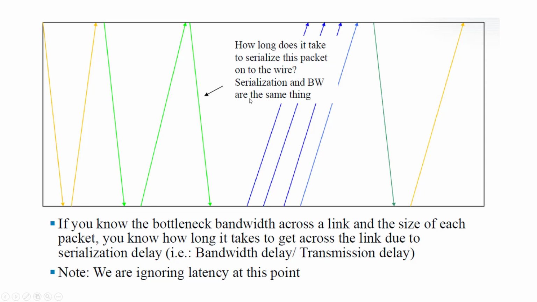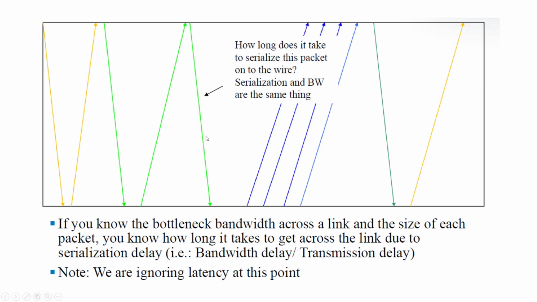So here, the question is, how long does it take to serialize this packet onto the wire? Basically, this is the transmission delay. It is based on the bandwidth and the packet size. We are not talking about latency here.